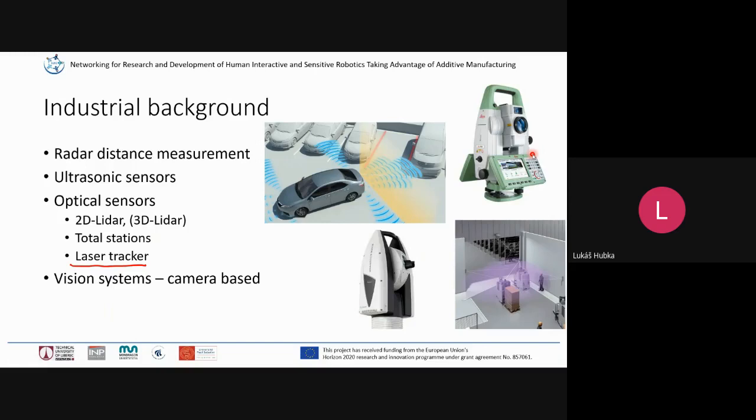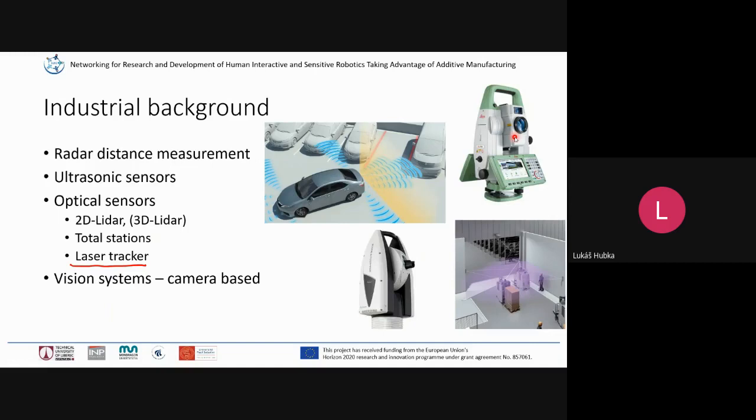This device has some advantages, some disadvantages. One of the disadvantages is the connection with the printer, because you need, for example, the visibility of the printing head during the whole process, and so on. So you have some limits where to place this device.